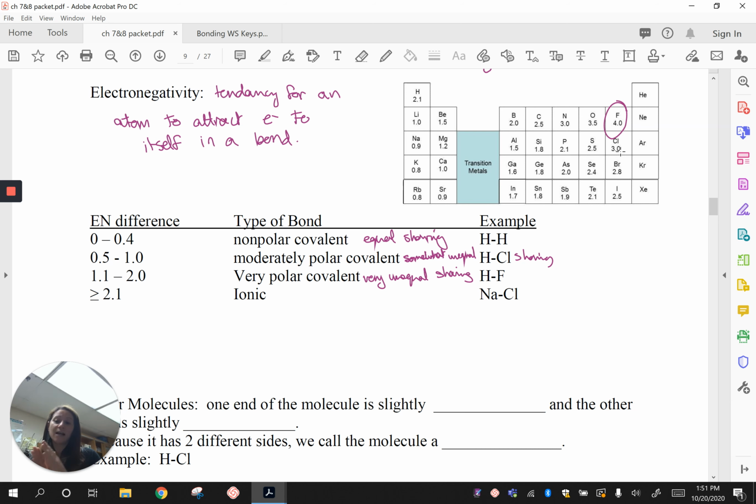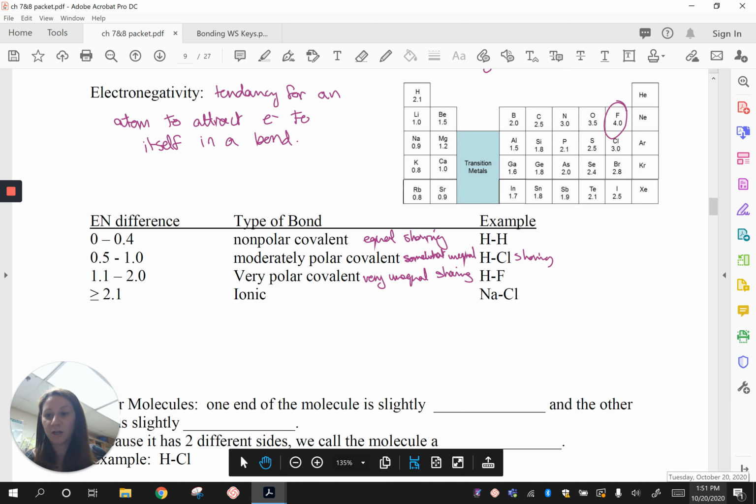So it's actually a continuum. It's not, how we learned that ionic is metal with non-metal, covalent is 2 non-metals. That's not really 100% true. It's just that if you take a metal and a non-metal, the difference will be so great that it's going to be ionic. But in reality, it's really a continuum of one extreme is equal sharing versus the other extreme is very unequal sharing, extreme unequal sharing that it's giving and taking.